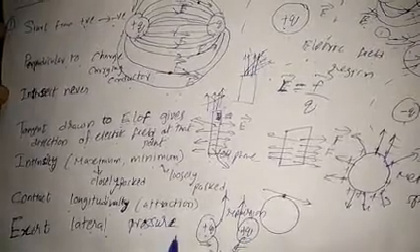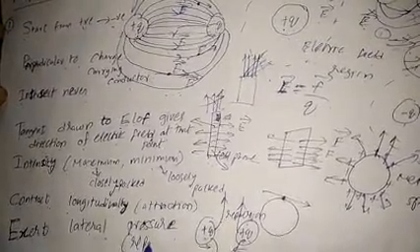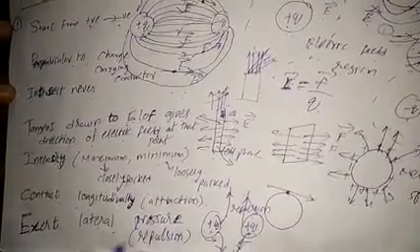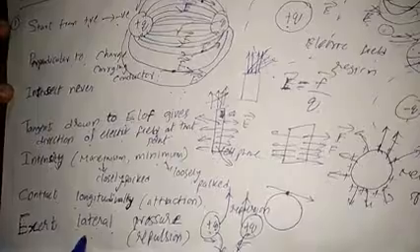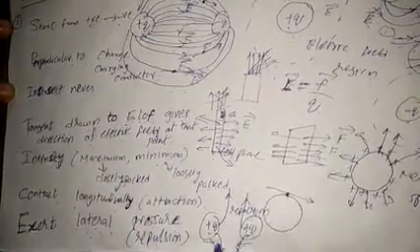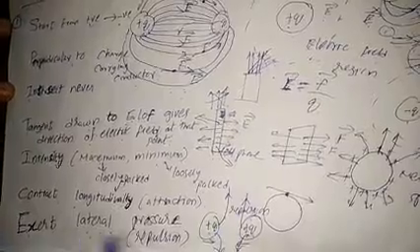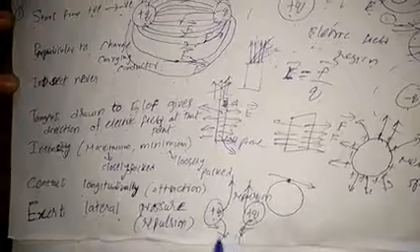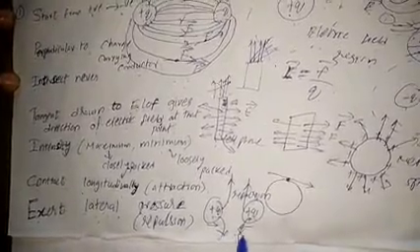Due to this lateral pressure, repulsion takes place. Okay, right? Understood, students? So the last property: these electric lines of force exert lateral pressure. There is some pressure in between these two electric lines of force, lateral pressure.